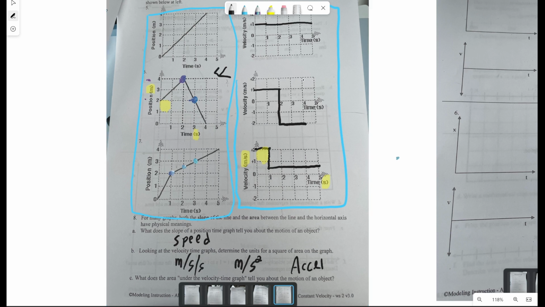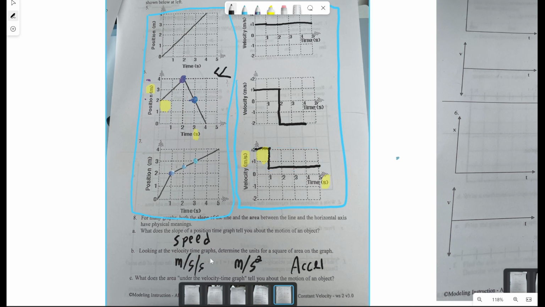Letter C, what does the area under the velocity time graph tell you about the motion of an object? So I'm assuming what they might be talking about is this down here. The area under the velocity time graph might be telling you the negative, that your object is moving backwards, has a backwards velocity.